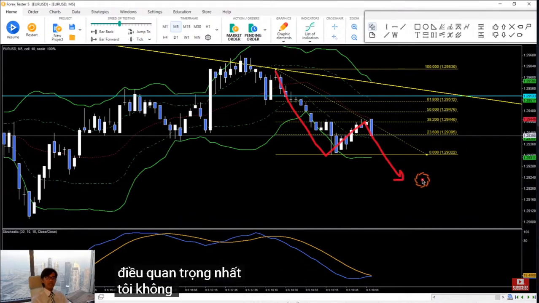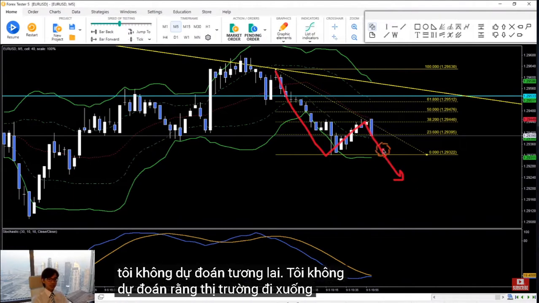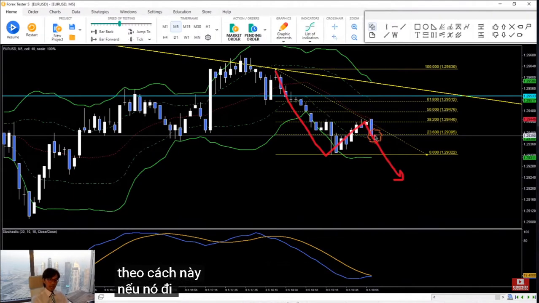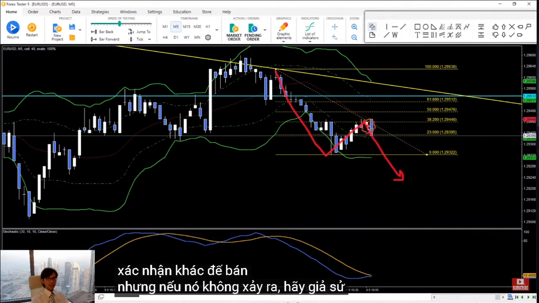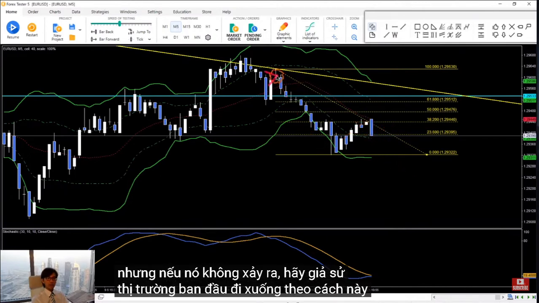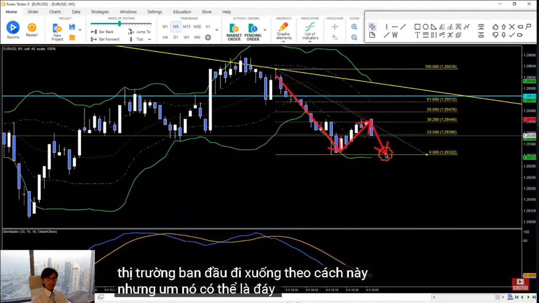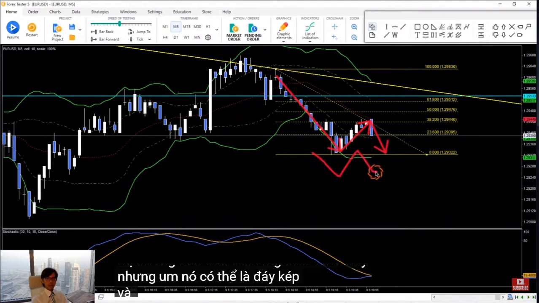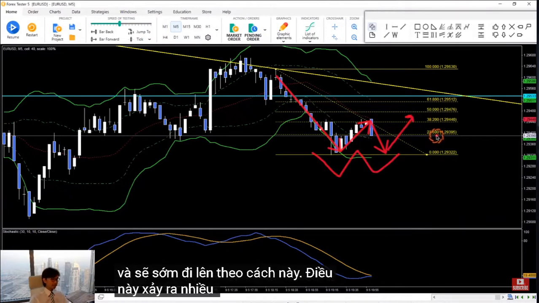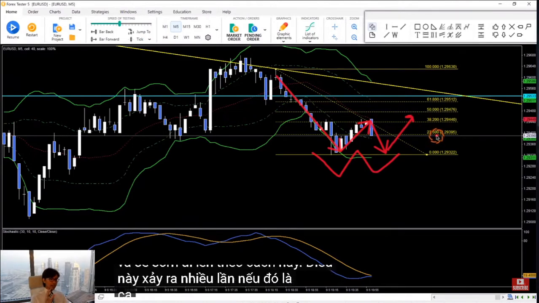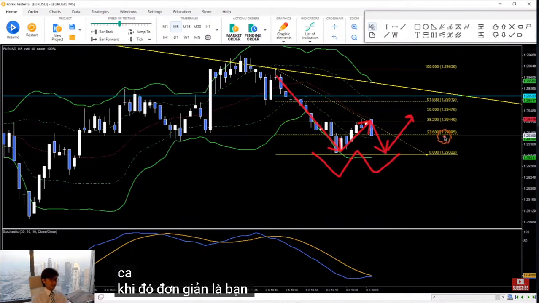I don't predict the future. I don't predict that the market goes down this way. If it goes down, then there should be a bounce here, and there should be some other confirmations for a sell. But if it doesn't happen, let's say the market initially goes down this way, but it might be a double bottom and soon goes up this way too. It happens many times. If that is the case, then simply you exit.